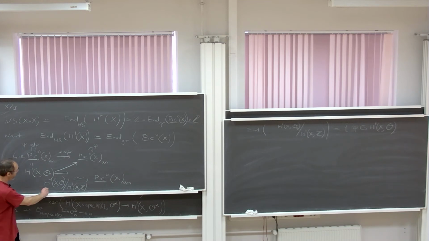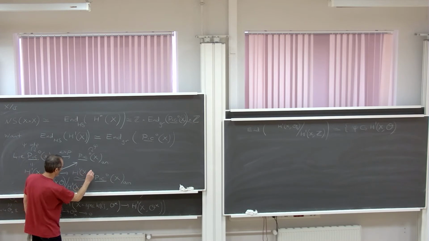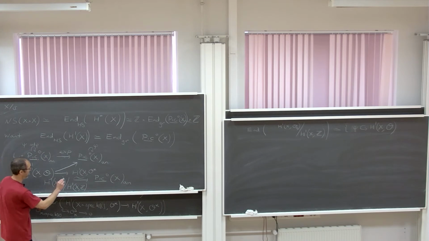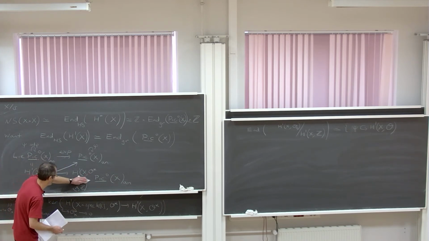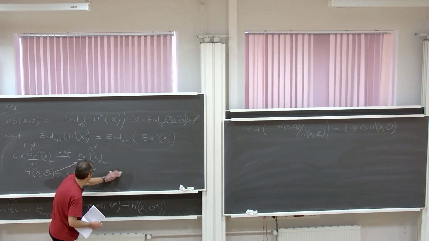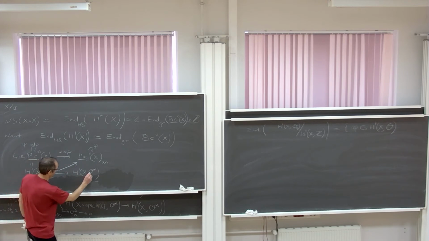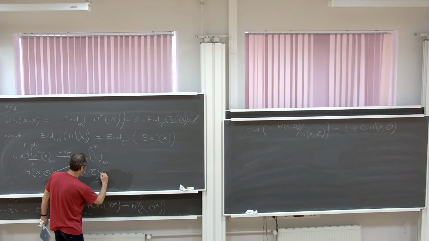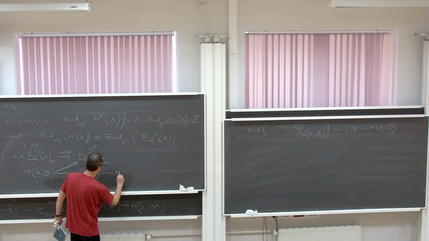This group maps to H1 of X with coefficients in O star. I will write it here. This is analytic, and its image lives in the kernel of the Chern class map.